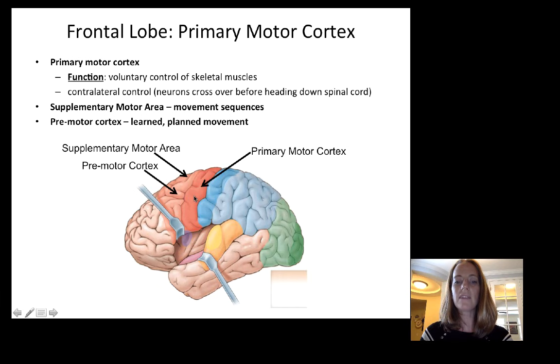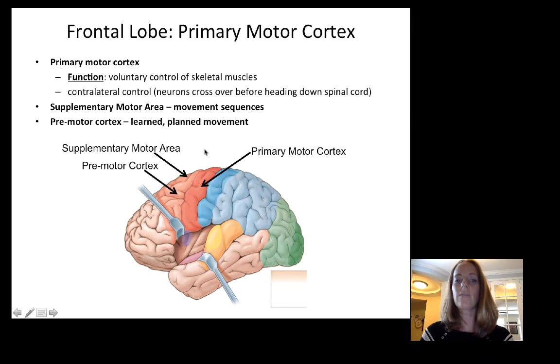And this is basic voluntary control of skeletal muscles. These neurons cross over before they head down to the muscle, or down the spinal cord to the final motor neurons controlling the muscles.